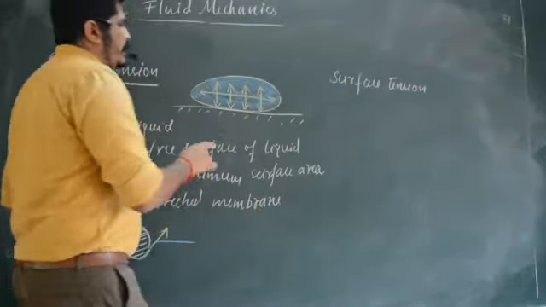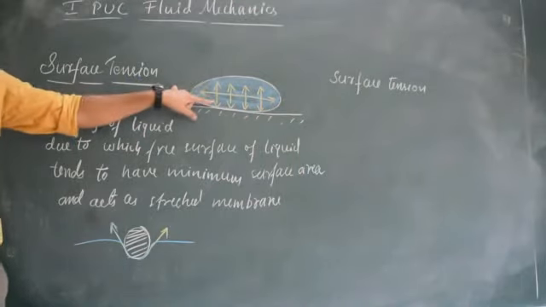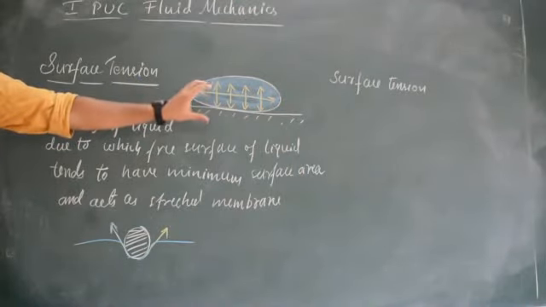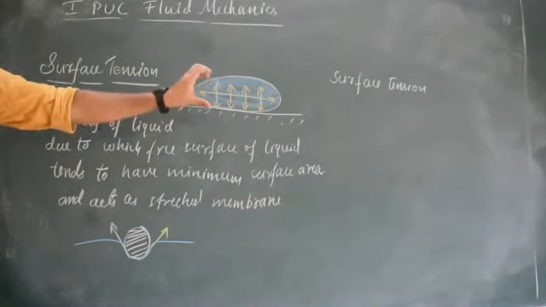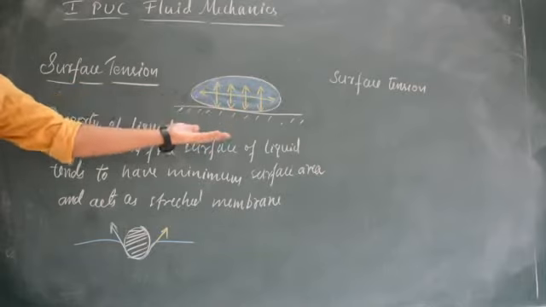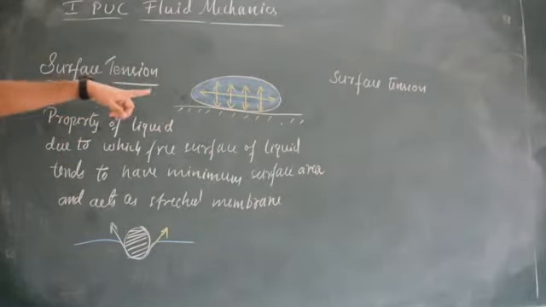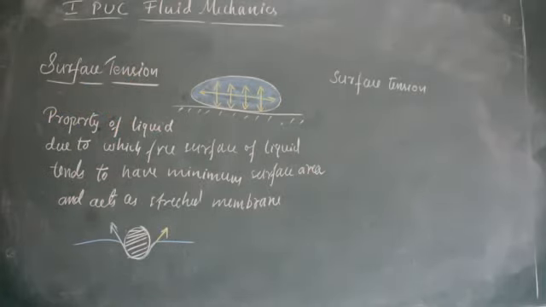Look at here. The diagram I have shown you, right? There will be some forces acting upward, downward like this, because they are trying to increase its bulgeness. In a sense, they are trying to reduce the surface area by attaining the spherical shape. So surface tension is equal to tangential force per unit length.